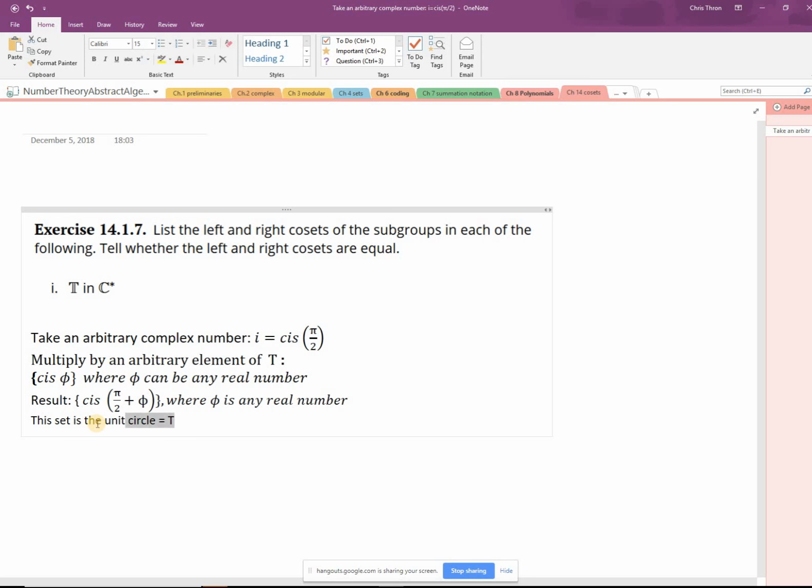All right. Now, that shouldn't be a surprise, because if you remember, we talked about multiplication by i being the same as rotation by 90 degrees. So you can think of multiplication by i geometrically as a rotation by 90 degrees. See this pi over 2? So you've taken your unit circle and rotated it by 90 degrees, and you still have the same unit circle again.